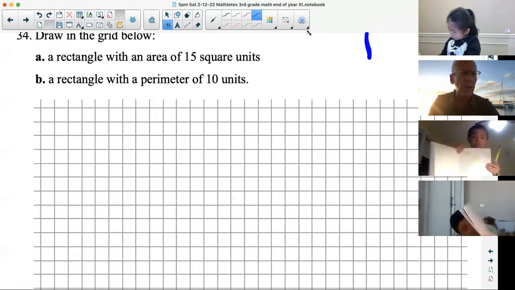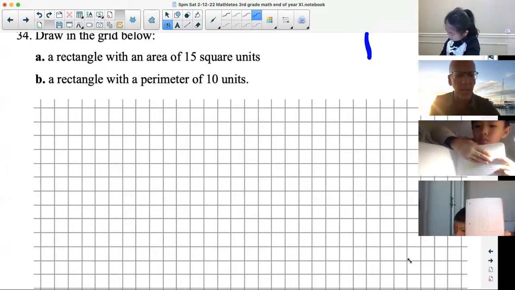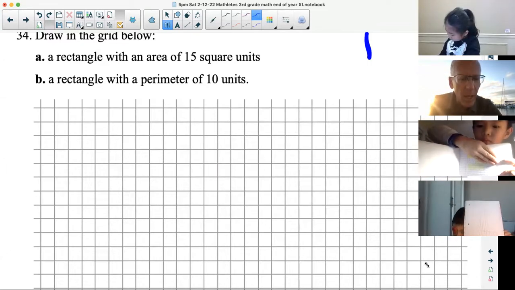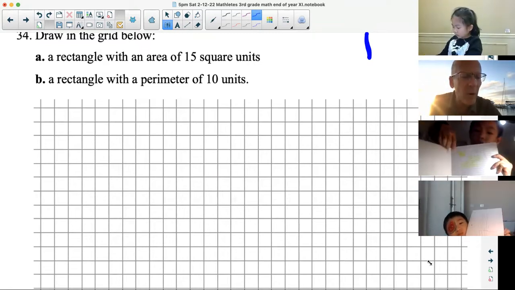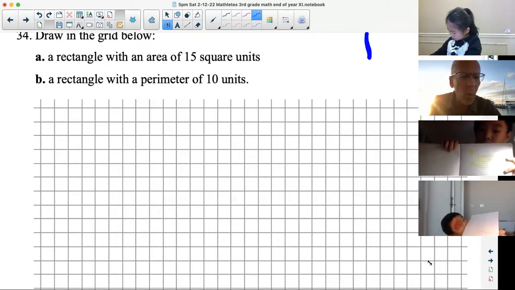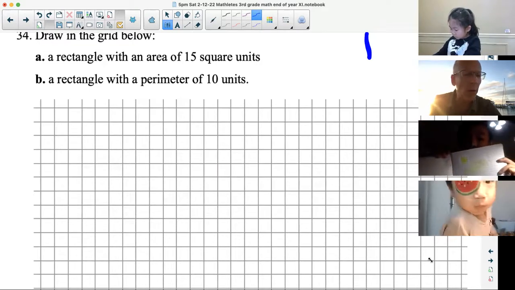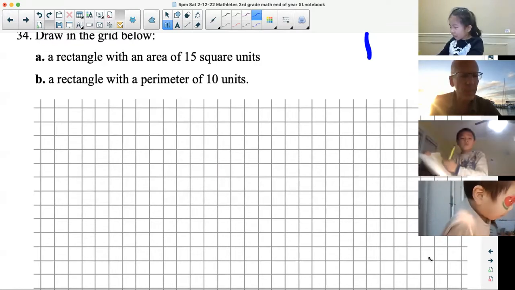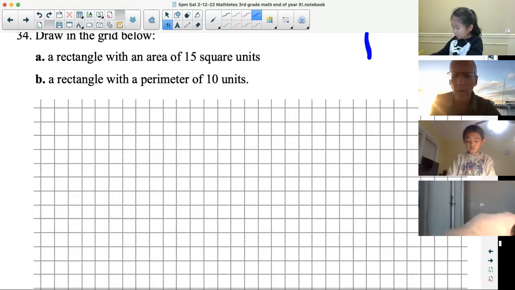Because we had one that had a perimeter of 10 and one with an area of 15. And what about you, Jason B? Why are you covering? Oh, I see what you did. Wow. That's awesome. And what about you, Eleanor? I'm not done. Well, why don't you show me what you have right now, and then you can finish more.